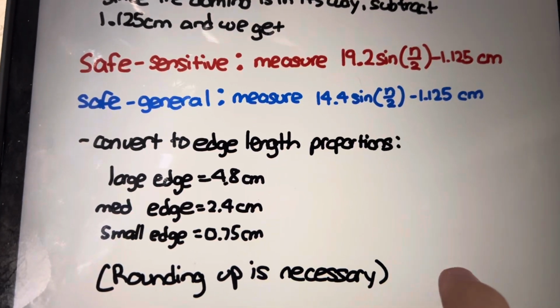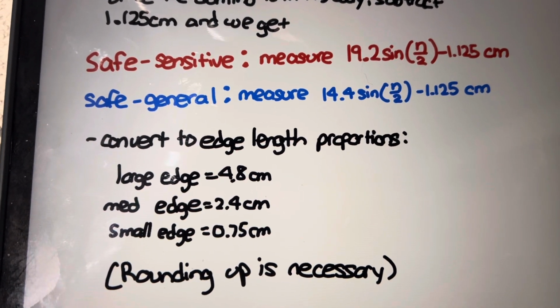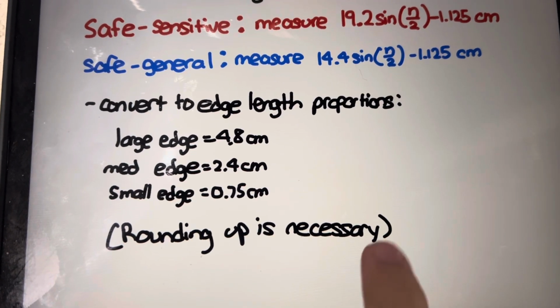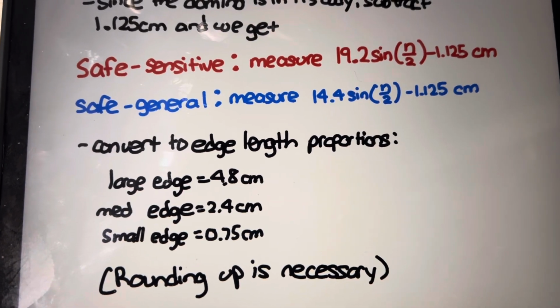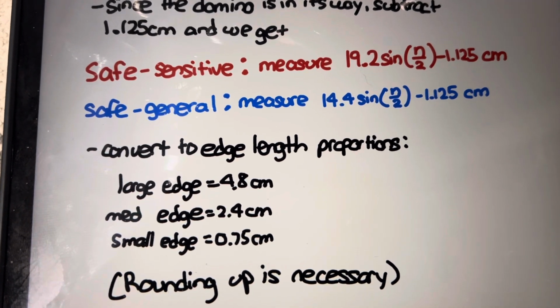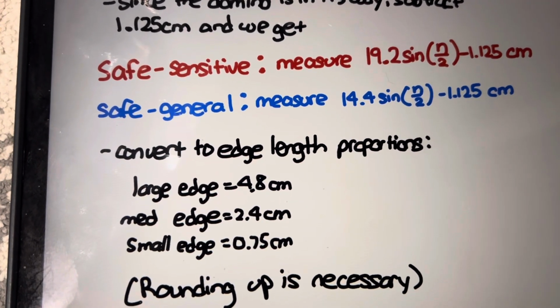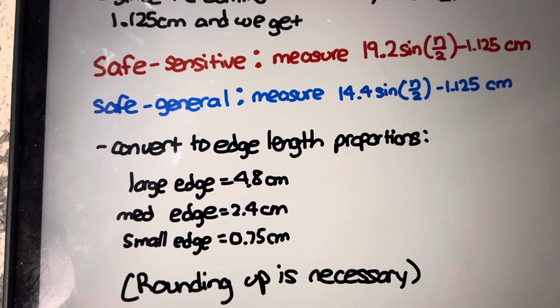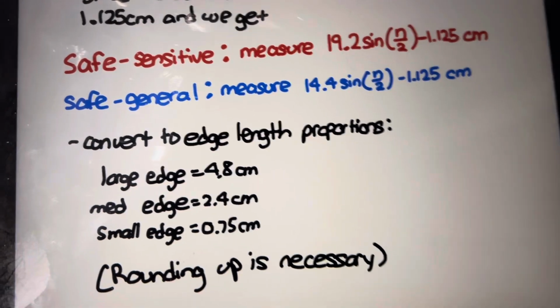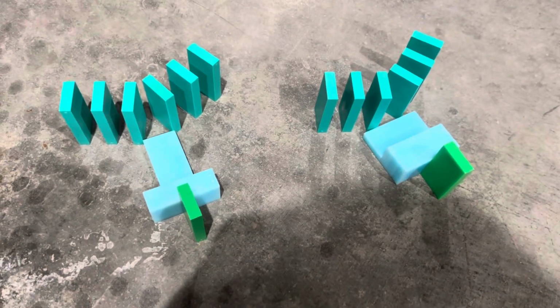So this is a mathematical formula that I discovered, and keep in mind that rounding up is necessary. The idea behind this is that sometimes you could get proportions that are not in the whole number system. Because of that, this is what I got.